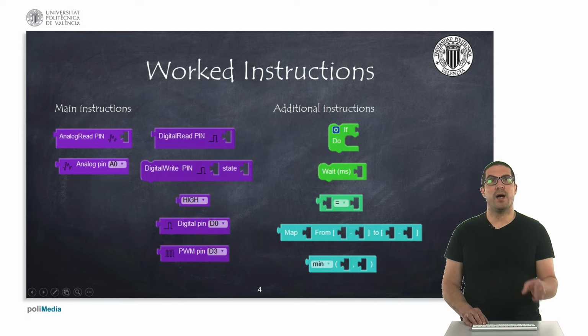And we can set it to high or low depending on the instruction provided. And we can indicate the number of the pin with the instruction that you see here, and also if it's a special type of pin, we can provide it with the last instruction, the PWM instruction.